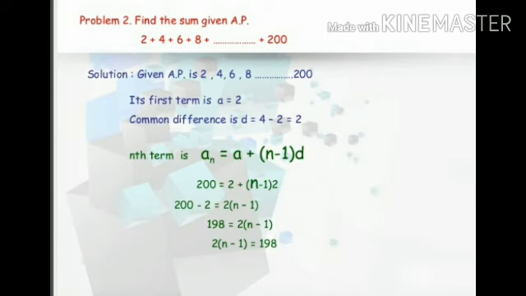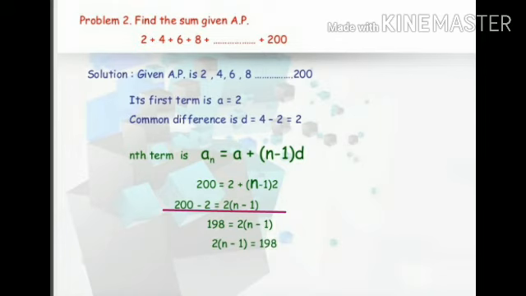So we use the nth term. The nth term an equals a plus n minus 1 into d. Okay, students, the last term an is 200, equals a is 2 plus n minus 1 into d is 2. We substitute as it is. Then we take this plus 2 to the left side.